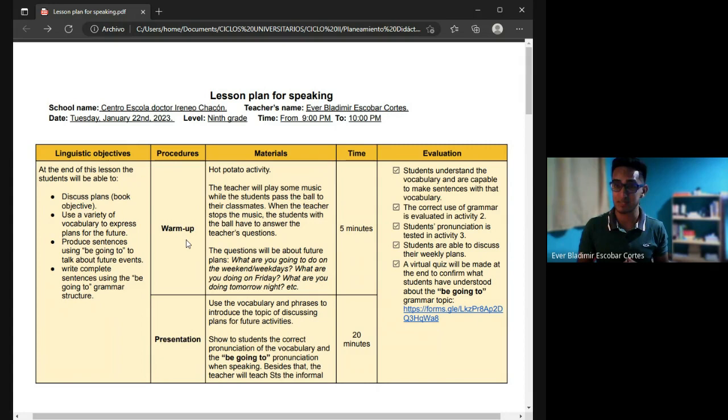So as you can see, these are very achievable objectives because they are very focused on one topic, the be going to grammar.